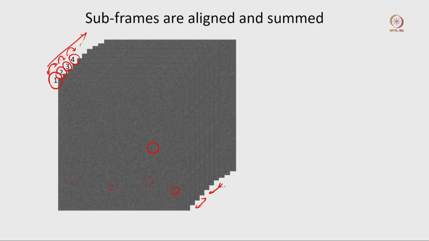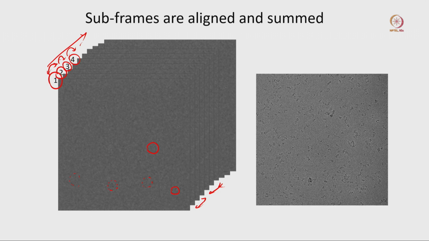When we make an integrated image, we can see this is our integrated image of all of these. In the actual scenario you cannot see any information in this particular image, but when we integrate and correct the motion, you can see a very clear pattern, where you have some small protein molecules.